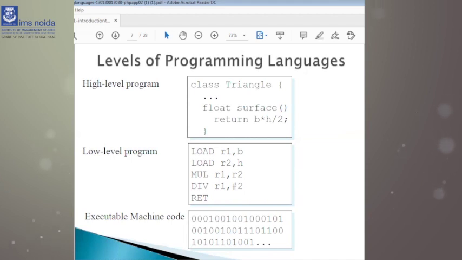But in low level programs, suppose we are doing addition, so what we will do, we will load some register to store that variable. And executable machine code means the binary code which is understood by the computer.